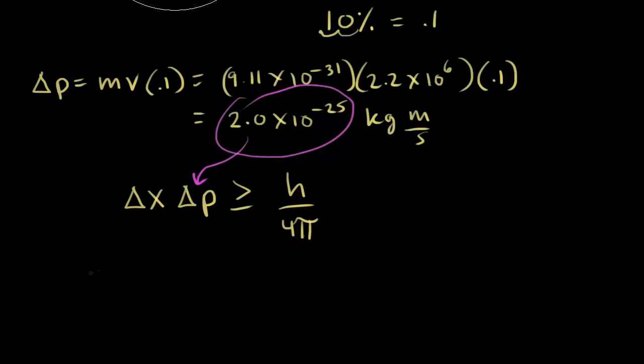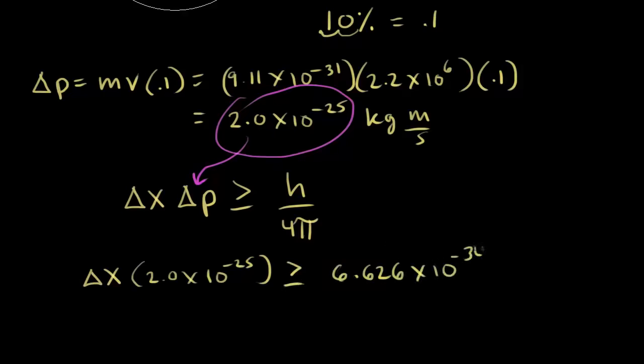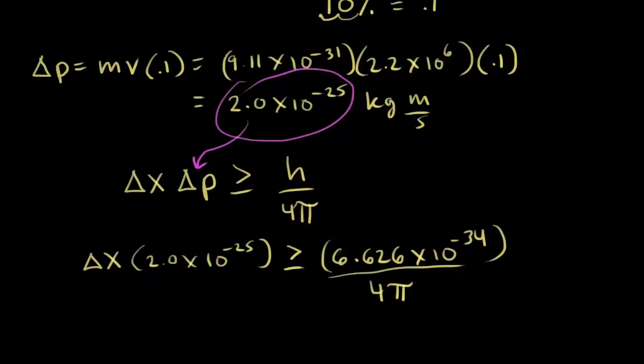So now we have the uncertainty in the position of the electron in the ground state of the hydrogen atom times 2.0 times 10 to the negative 25. This product must be greater than or equal to Planck's constant, 6.626 times 10 to the negative 34, divided by 4 pi. So we could solve for the uncertainty in the position.